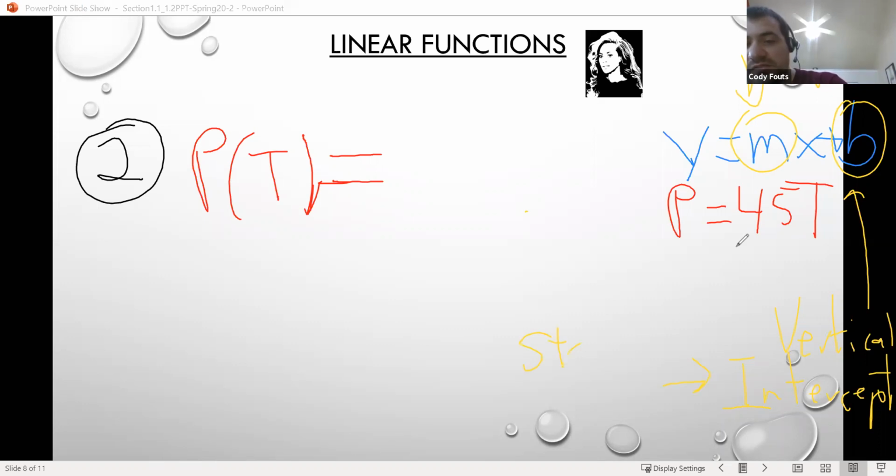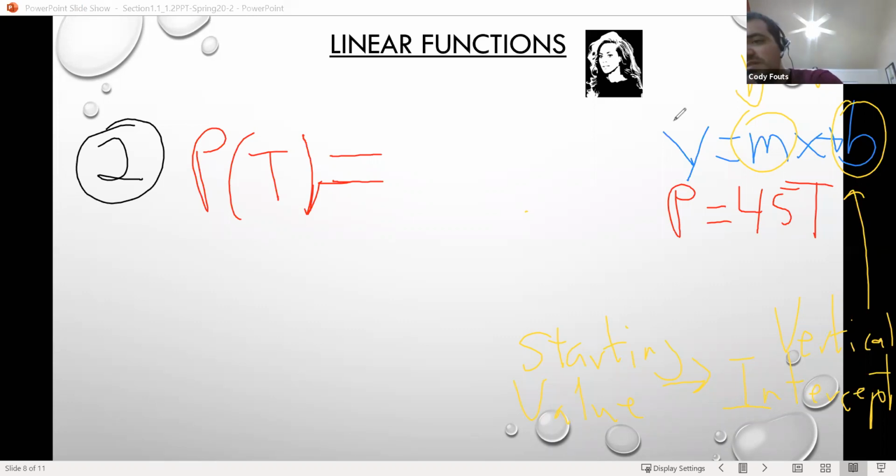So I apologize, I'm going all over the place here. In this case, our starting value would be when the number of tickets is 0, what the profit is. Now, unfortunately, we weren't given that information. However, we can find it by using one of our points.